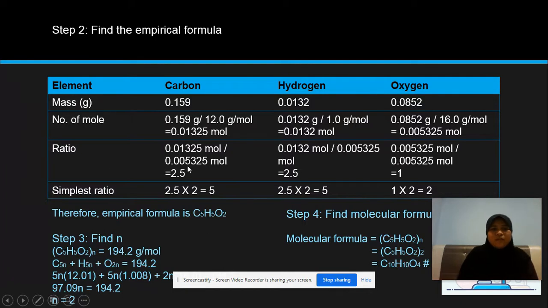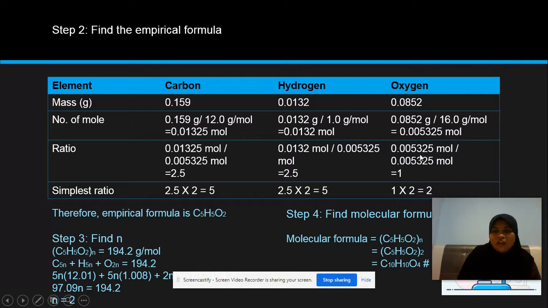Next we must find the ratio. How to find the ratio? First we must find which element has the smallest number of mole. From this we can see that the number of mole of oxygen is the smallest, which is 0.005325 mole.